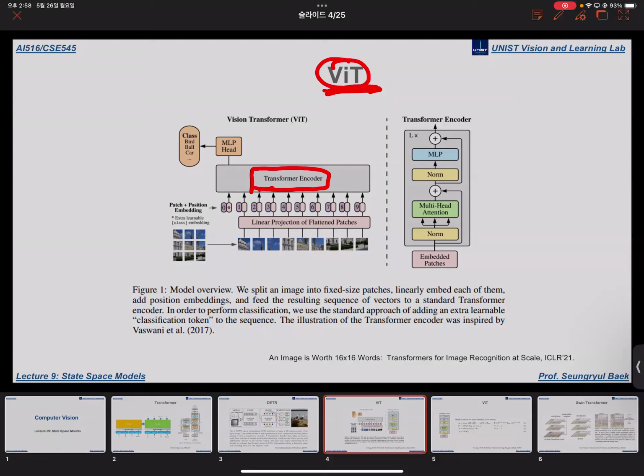So you already know that the number of outputs for the transformer encoder is the same as the number of inputs. So these patch features are updated in the transformer encoder, and also this class token will be updated by applying self-attention to the other patch features.